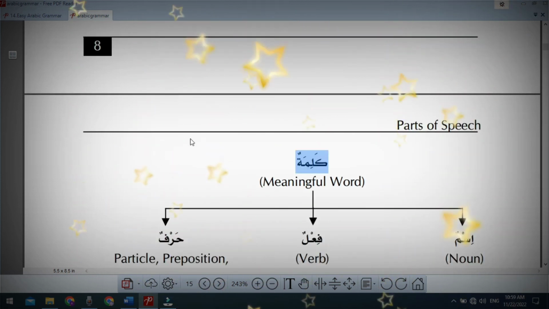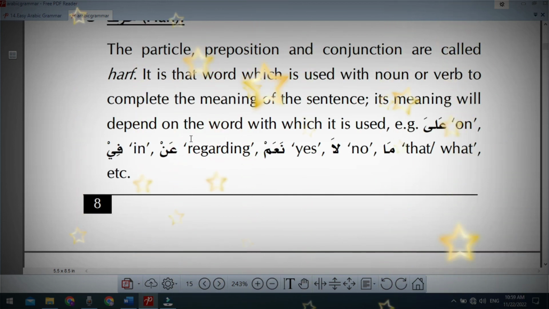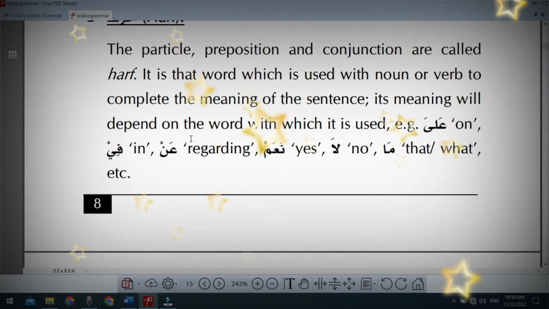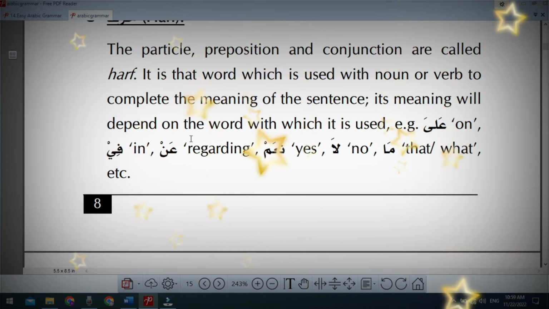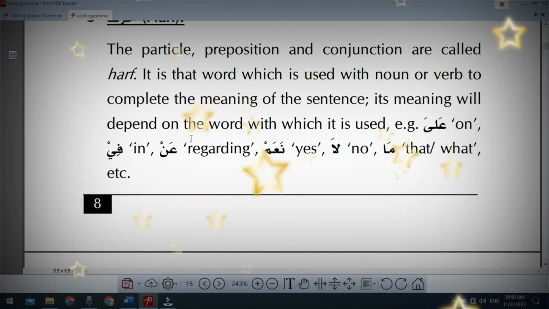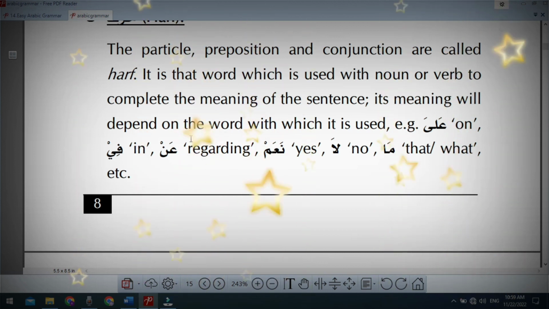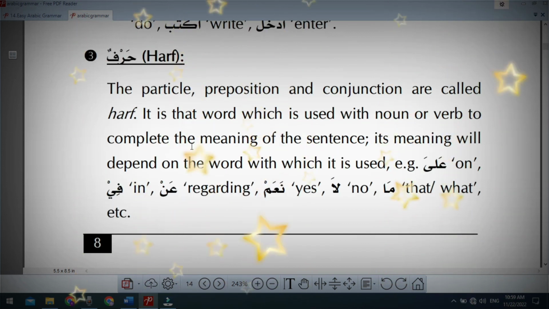But the harf is not sufficient in the clarification of its meaning. It needs a verb, it needs a noun to explain its meaning. So this was our today's lesson about the third part of the kalima.